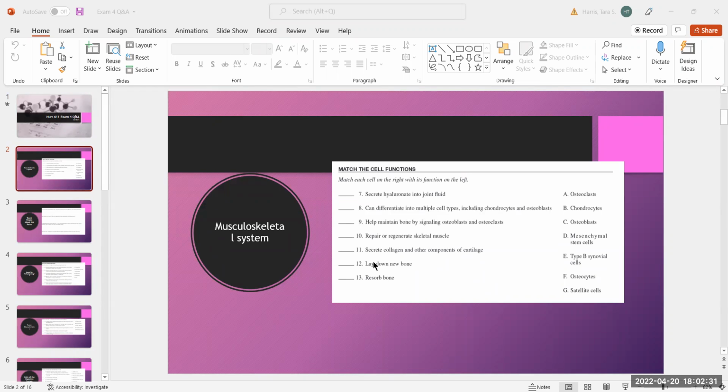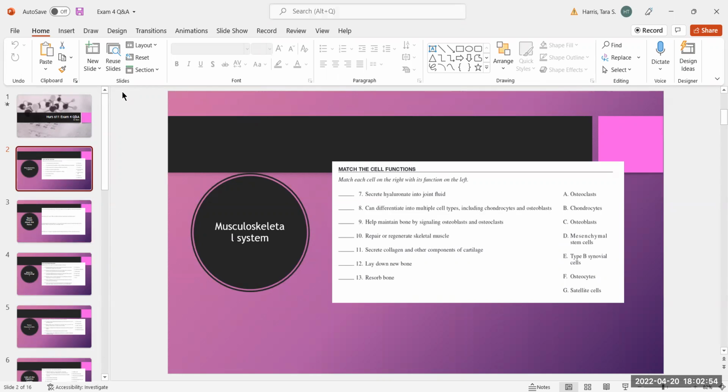But what I did for this slideshow, trying to do something a little bit different, is I got a few things out of the study guide so that we could go over those. Of course, this is a match the cell from the left to the right. Because you're driving, I don't want to go there. We can't talk about that one.